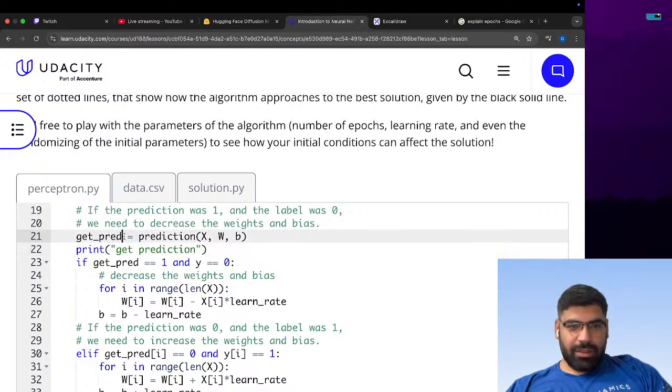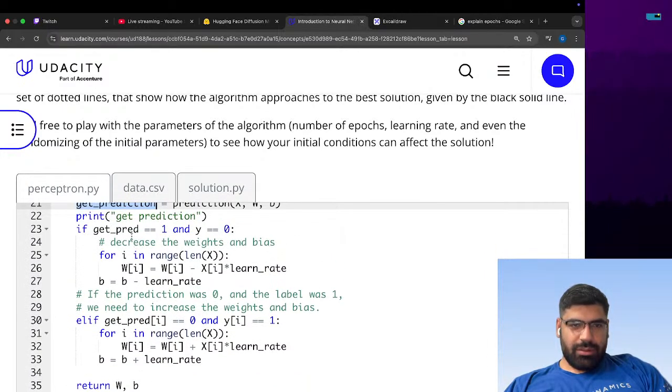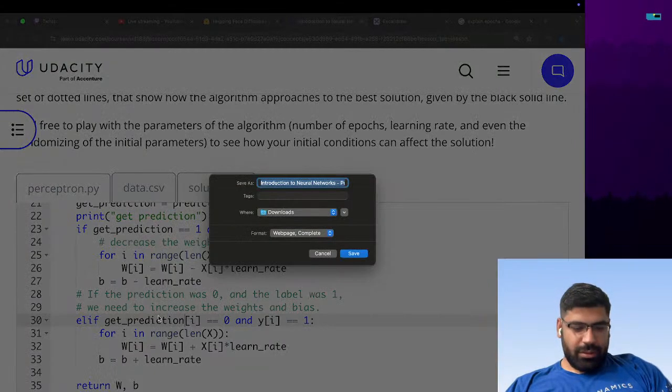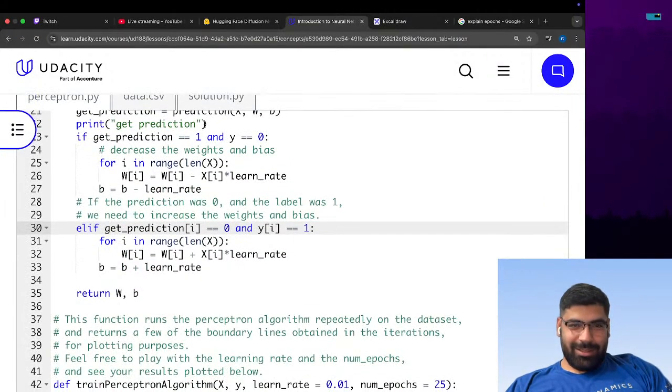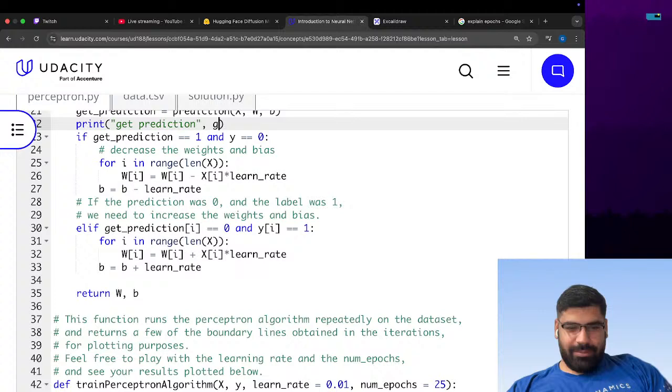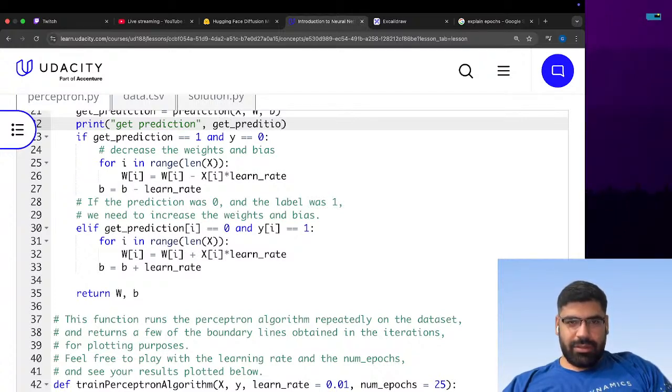Oh my God. I have to change everywhere. I'm sorry, I didn't mean that word at all. I mean, get prediction. Oh boy.